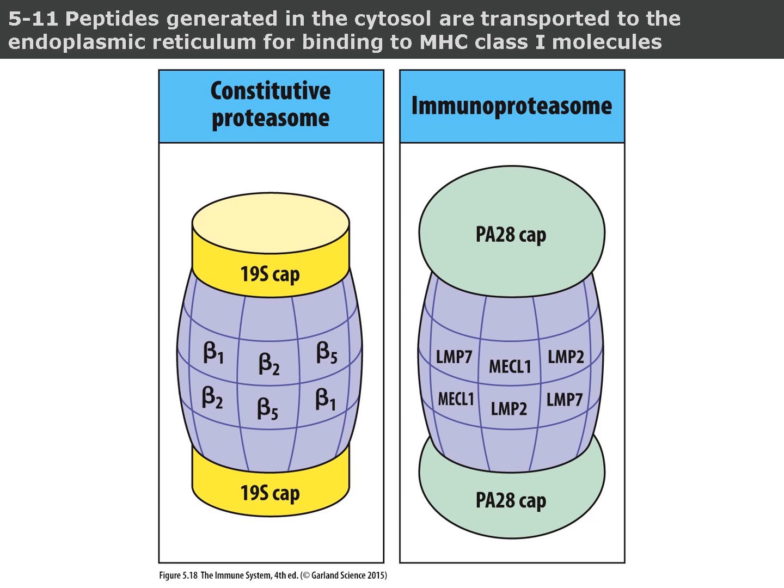The peptides produced by both proteasomes are transported to the endoplasmic reticulum, where they bind to MHC class I molecules for presentation to CD8 T cells. The immunoproteasome plays a key role in enhancing antigen presentation during immune responses.